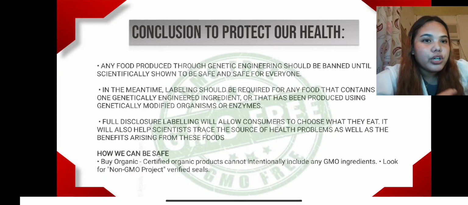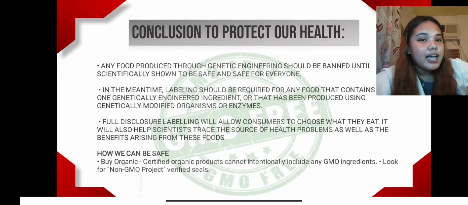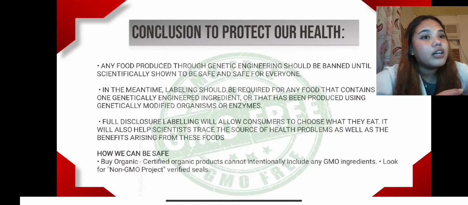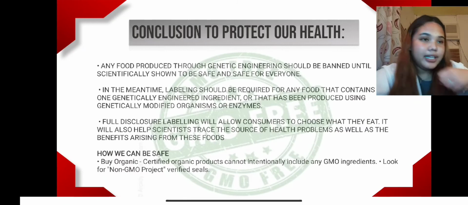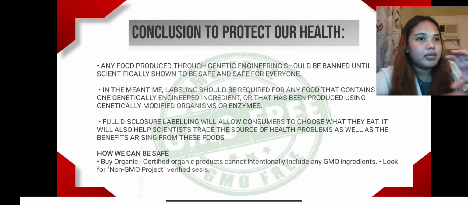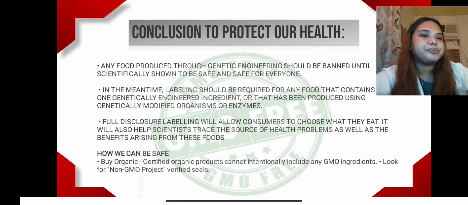Full disclosure labeling will allow consumers to choose what they eat. It will also help scientists to trace the source of health problems as well as the benefits arising from these foods. So, for example, nikaon ka og soybeans sa can, na gibutang na siya sa can, yan ang ingredient ito nga genetically engineered.